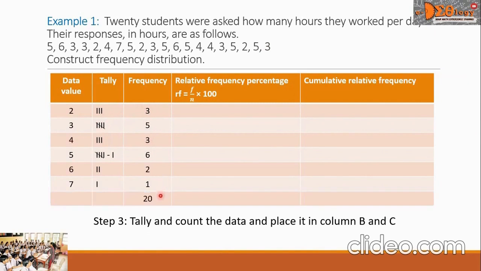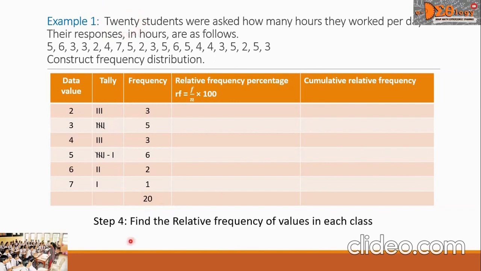And then we will take the total, and this is now equal to 20. This 20 must be the same as described in our problem. So it's written here 20 also.